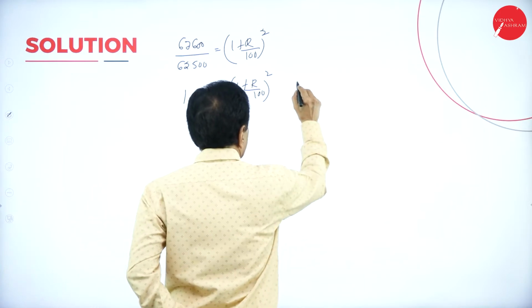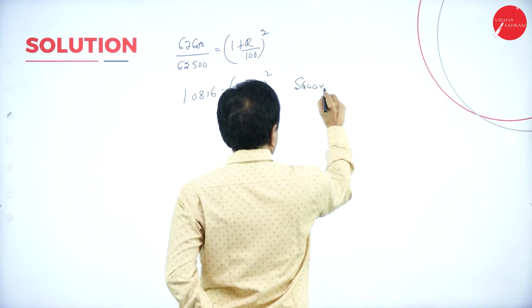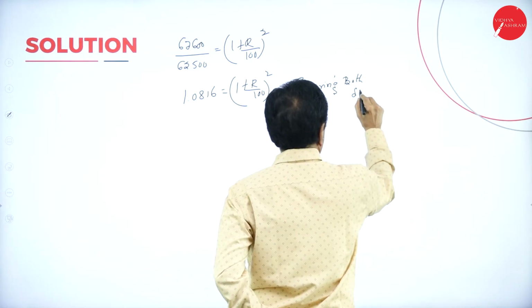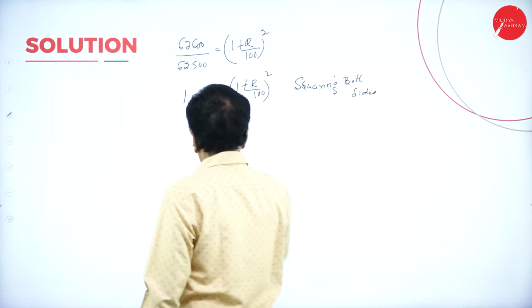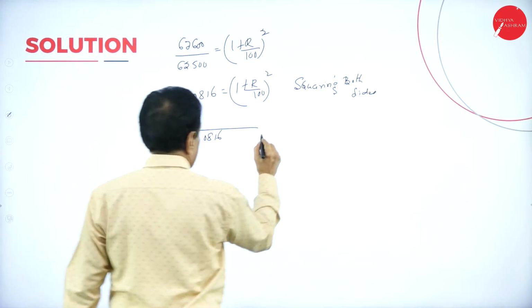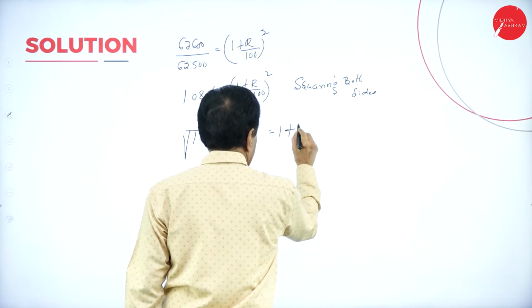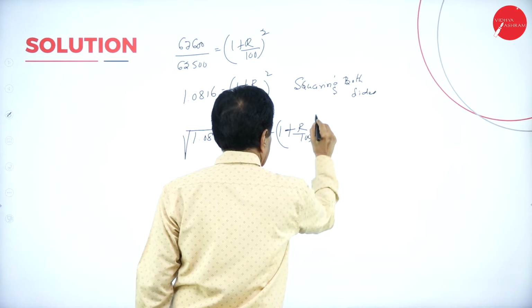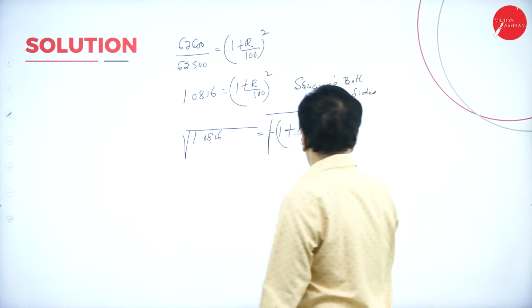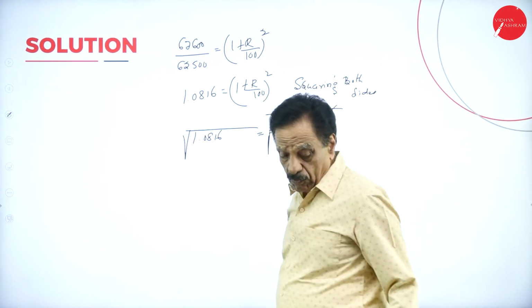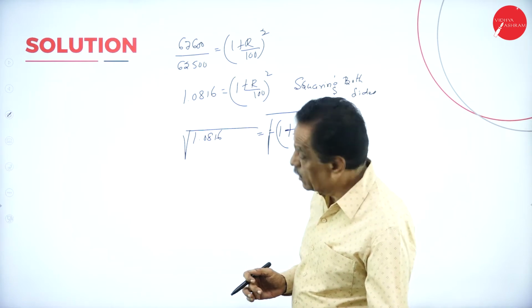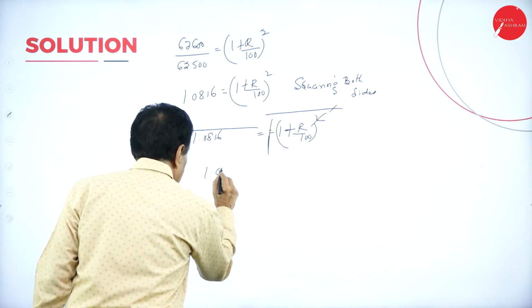Taking the square root on both sides, the root of 1.0816 is 1.04.